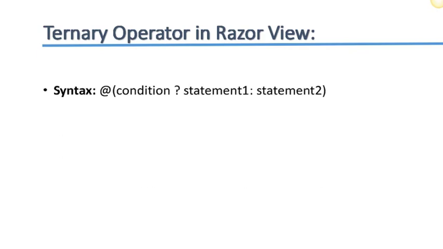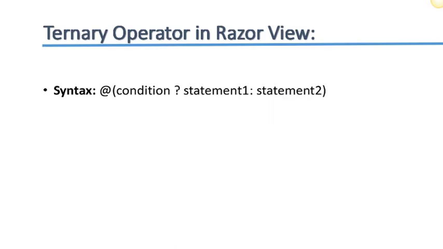The syntax of the ternary operator is @, simple bracket open, the first statement is the condition, question mark, statement 1, colon, statement 2. First it will verify the condition. If the condition is satisfied, then it will execute statement 1, and if the condition is false, then it will execute statement 2.